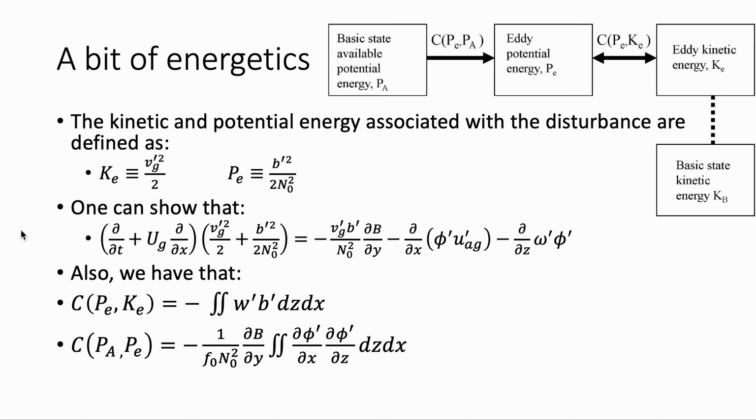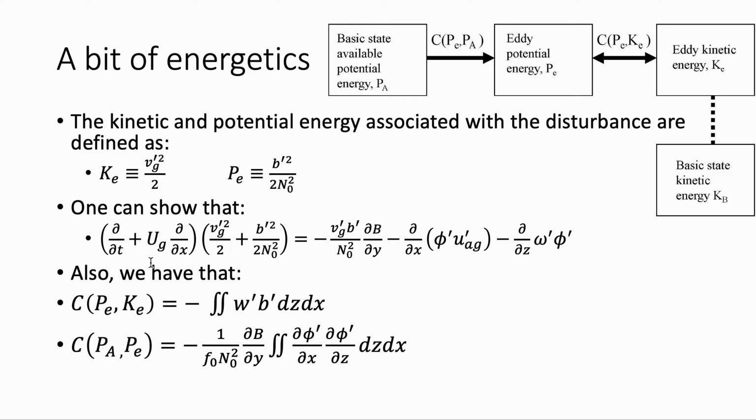One interesting thing when we talk about the energetics of the system is that we can write down kinetic and potential energy that are associated with the disturbance that we're considering. We said earlier that it can be shown that u prime g is 0, and so the kinetic energy is simply v prime g squared, and the potential energy is just simply written like this.